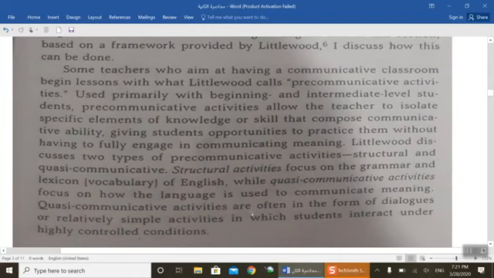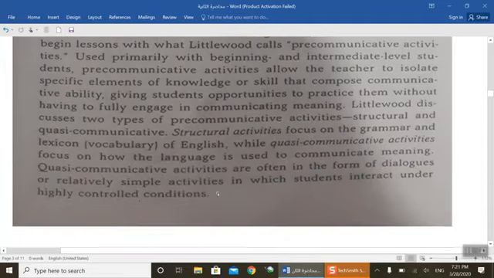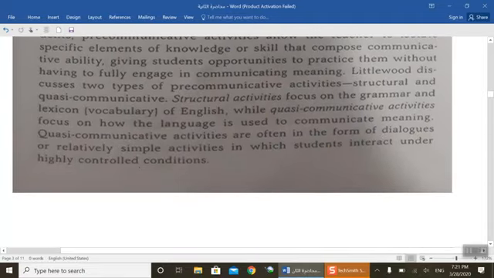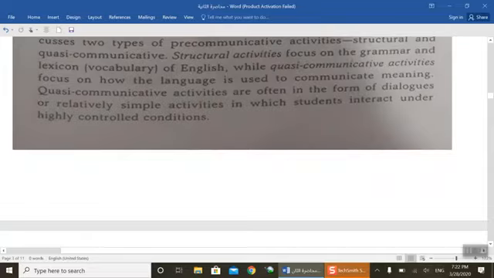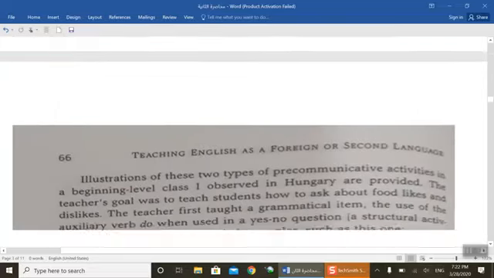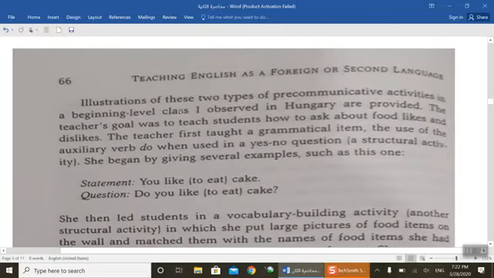Quasi-communicative activities are often in the form of dialogues, or relatively simple activities in which students interact under highly controlled conditions. Here we have illustrations and examples of these two types of pre-communicative activities at a beginning level.